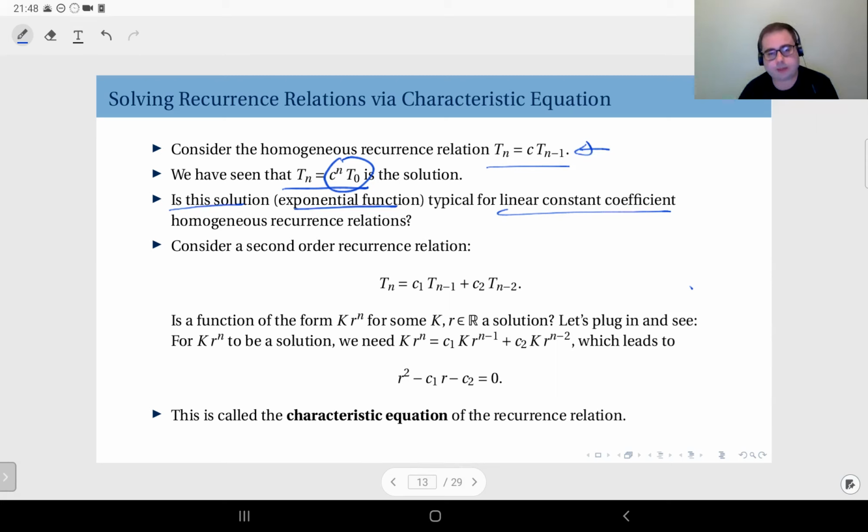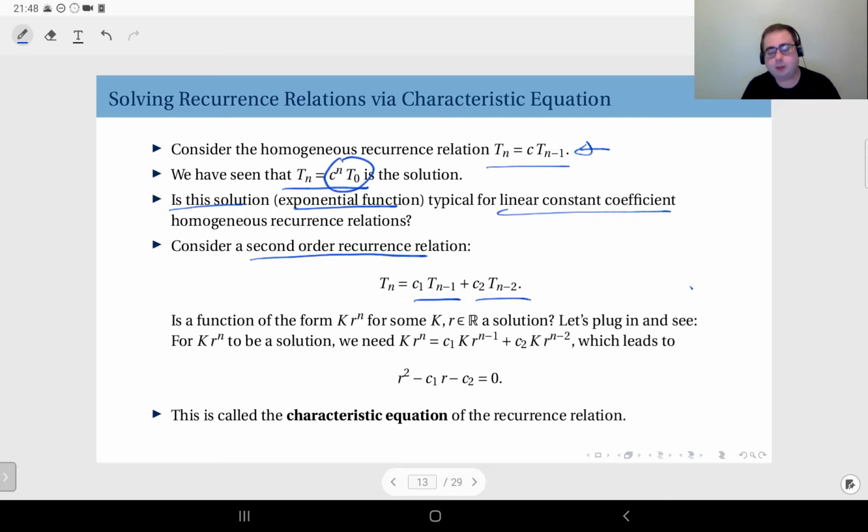So let's look at the next one, second order recurrence relation. Tn equals C1 times Tn minus 1 plus C2 times Tn minus 2. Now here, at this point, I have a hunch about the solution. It could be an exponential function because that was the form we have seen all along in all of the solutions.